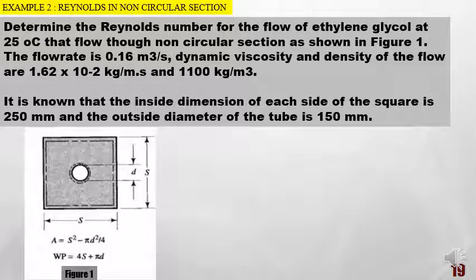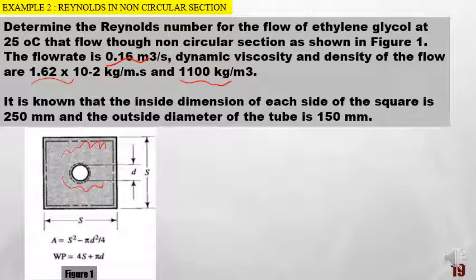The flow rate of the flow inside this non-circular section is 0.16 cubic meters per second, and the dynamic viscosity and density of the flow are 1.62 and 1100.